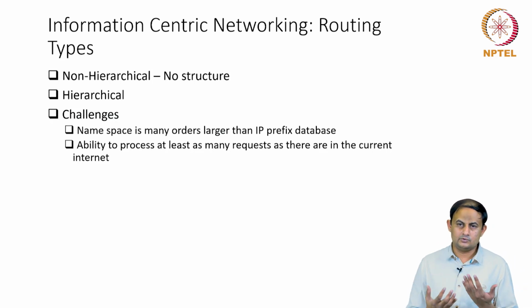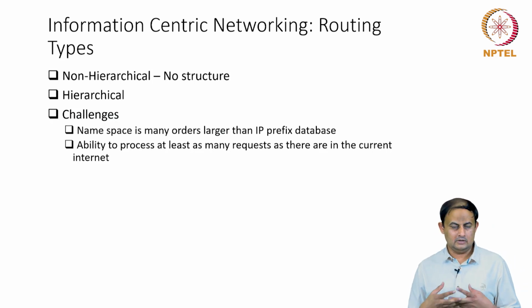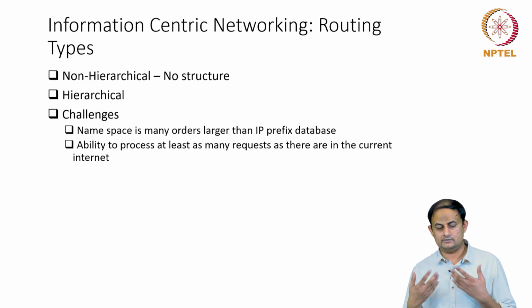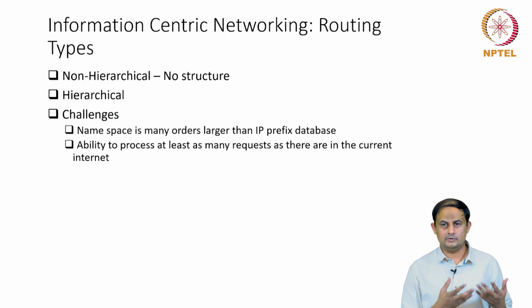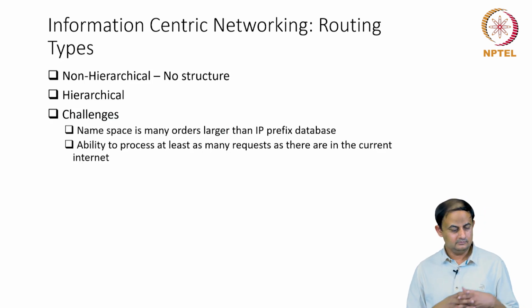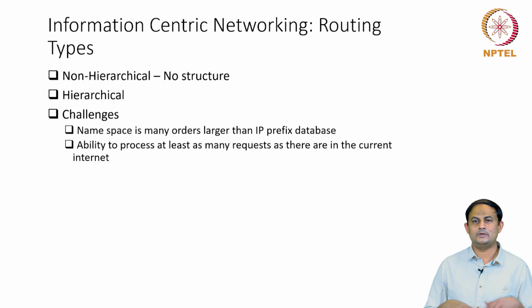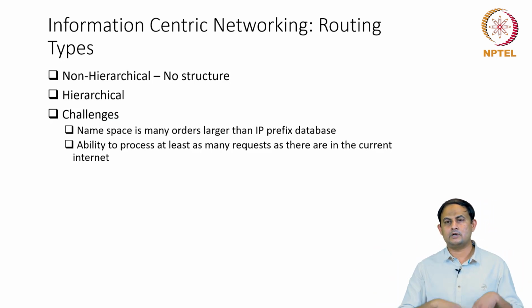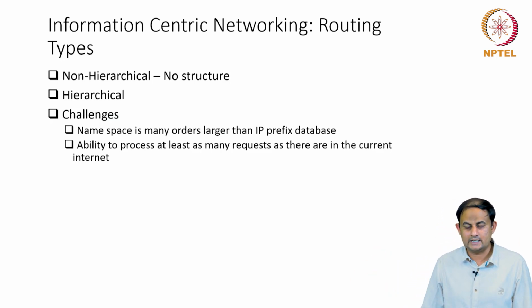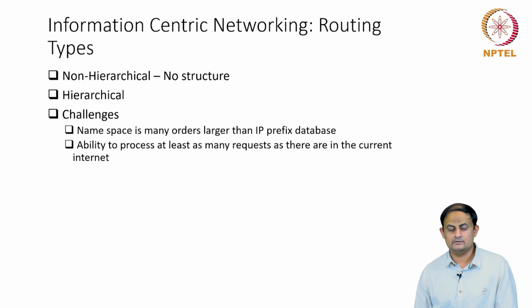So these are the two choices that exist. Apparently, the hierarchical mechanism appears to be better, but we don't know yet whether this can work on a network which is as big as the internet.